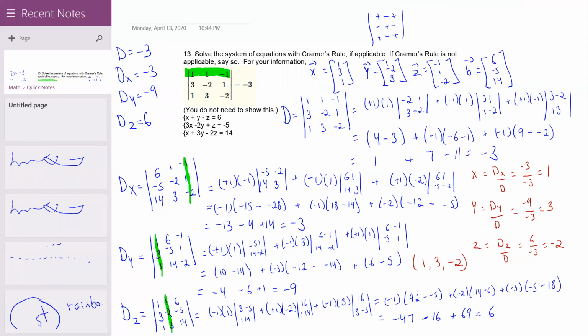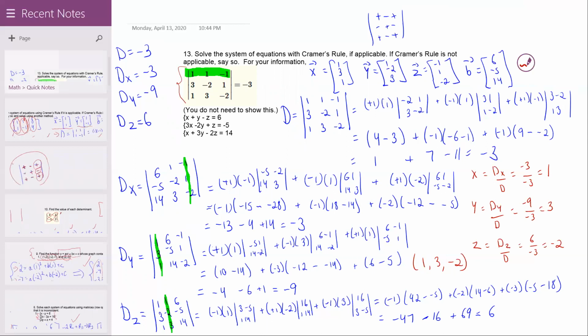The two options are either you will be given your D determinant, which is given here in this problem, and then you don't have to find that, but you have to find X, Y, and Z. Or you'll be asked to find like only the Z coordinate or only the Y coordinate of the answer.